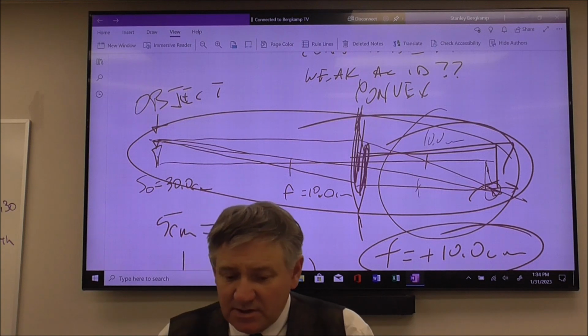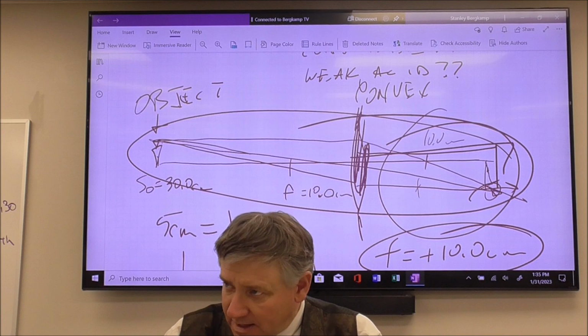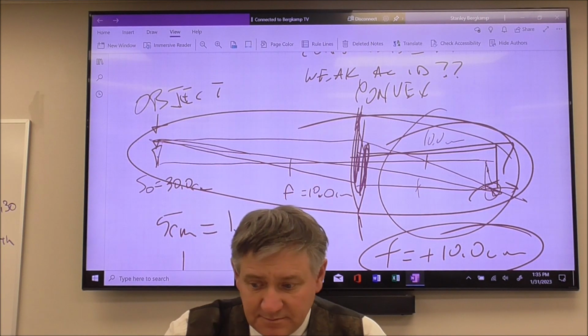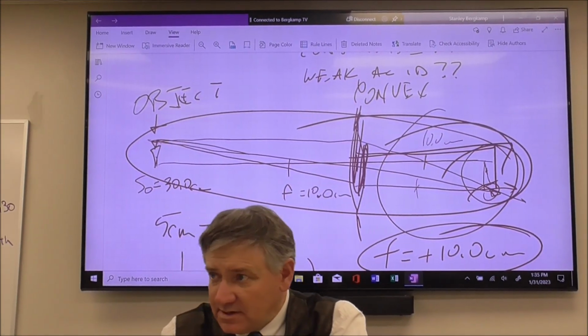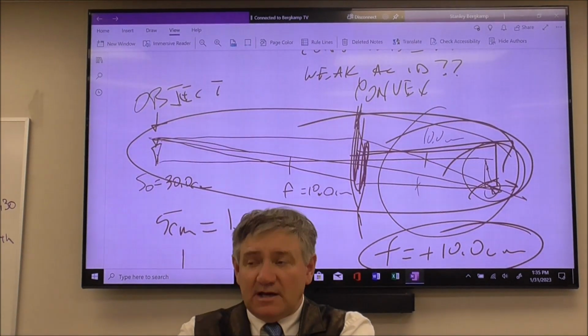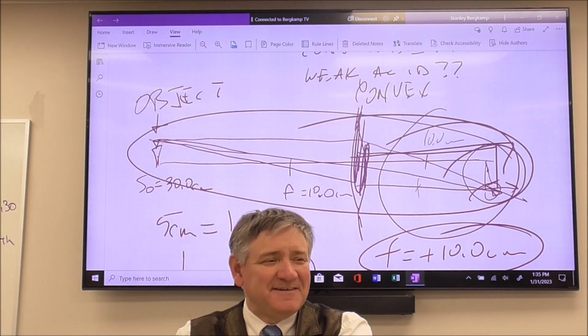In this situation, you don't know the heights, so I would just work off of the si and the so. What you should get is a negative magnification, which means that that is an inverted image. So anytime you see a negative magnification, that's an inverted image.